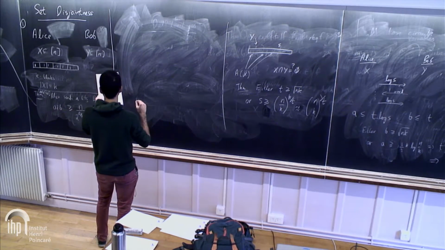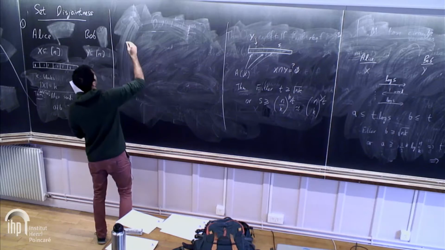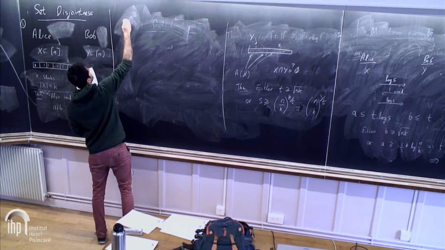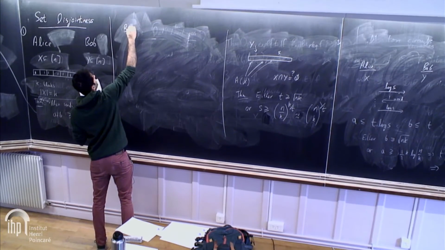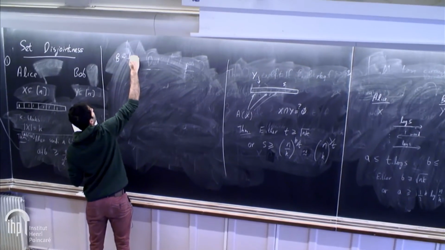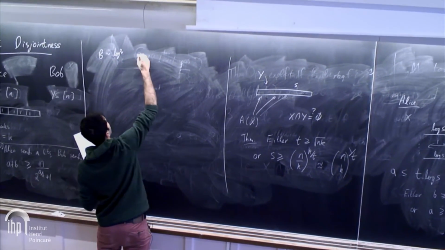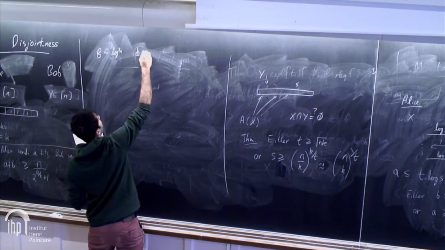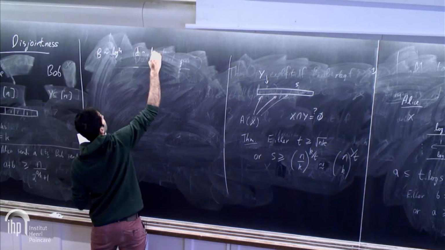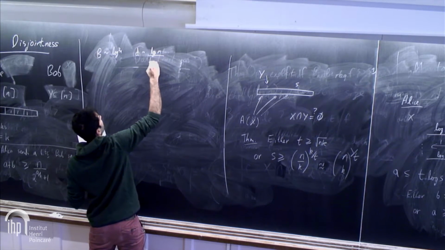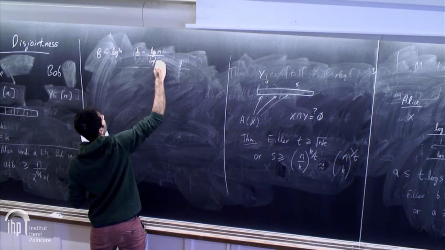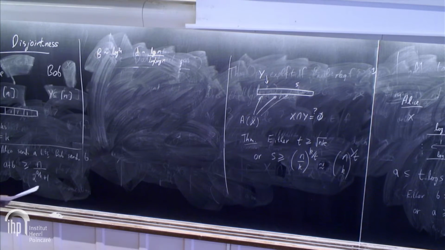So I'm going to introduce two new parameters. B is going to be approximately log squared n, and D is going to be approximately log n over log log n.